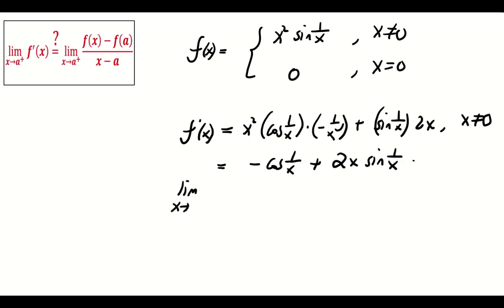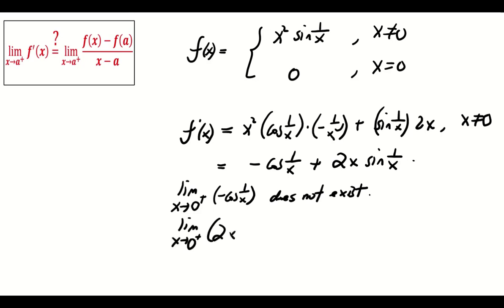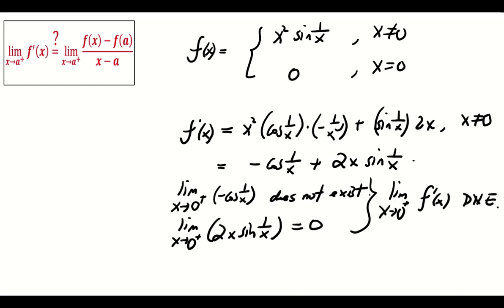Since the limit of negative cosine 1 over x as x tends to 0 plus does not exist, and the limit of 2x sine 1 over x as x tends to 0 plus is 0, it means that the limit of f prime x as x tends to 0 from the right does not exist.